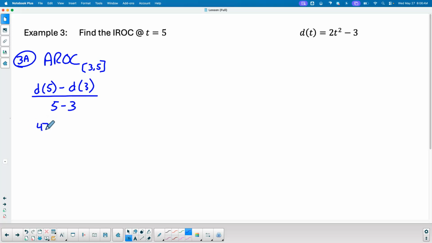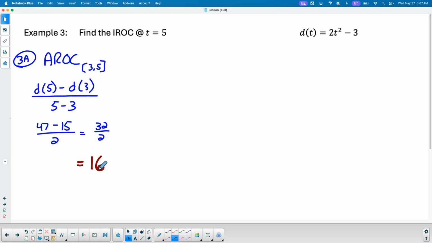If I plug 3 in there, that's going to be 15. 47 minus 15 is 32. So I get an AROC of 16. Yes? Okay. All right.